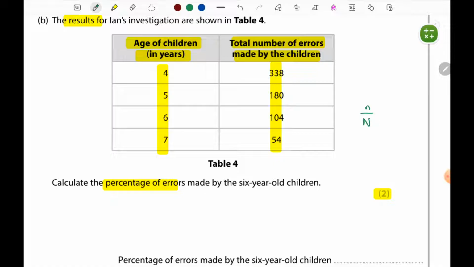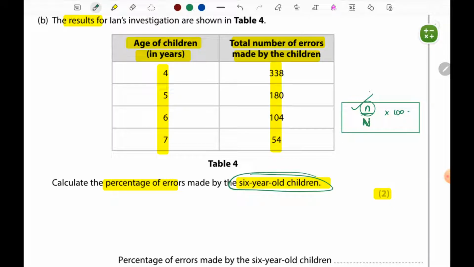It always has to be divided by the total number, and the result after division is multiplied by 100. So percentage is always the specific total upon the overall total into 100. I'm just trying to put it simply without using mathematical jargon. Now in this case, if we want to know what our small n is, or what the specific total is that we are looking for, we have to read the question very carefully. They have said 6-year-old children.